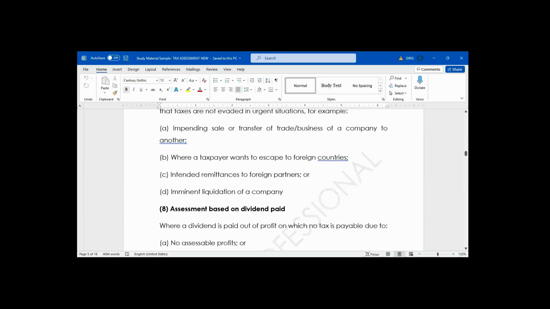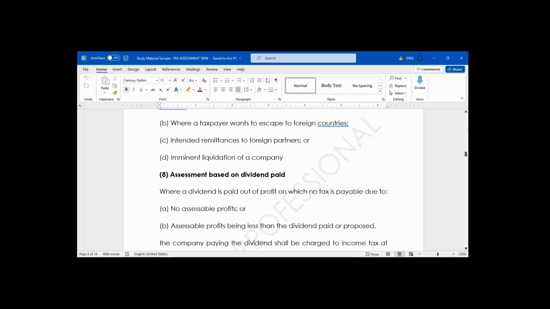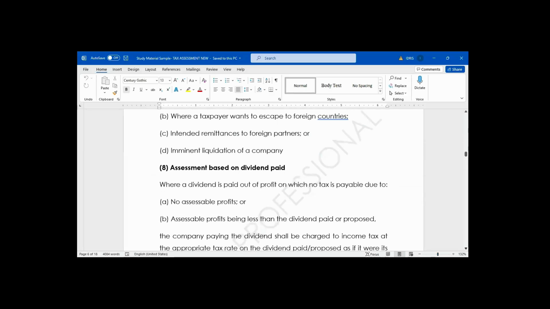So for the sake of time, let's look at another one called assessment based on dividend. How is that possible?